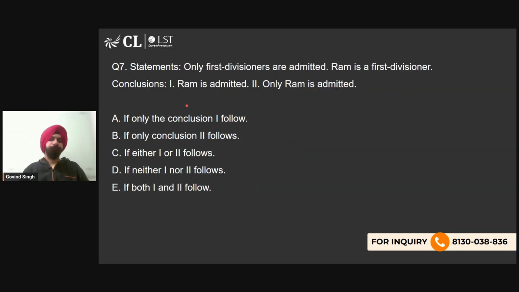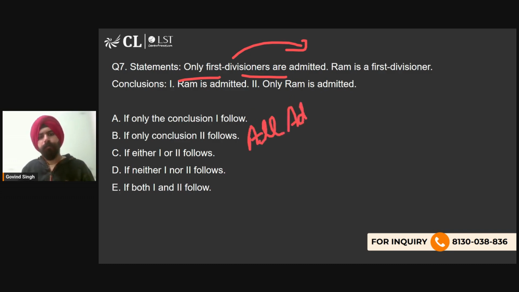Question number 7. Now we have an only question. Interesting. So we'll convert this. Only first divisioners are admitted. All admitted are first divisioners. Let's call them FD. Ram is a first divisioner.